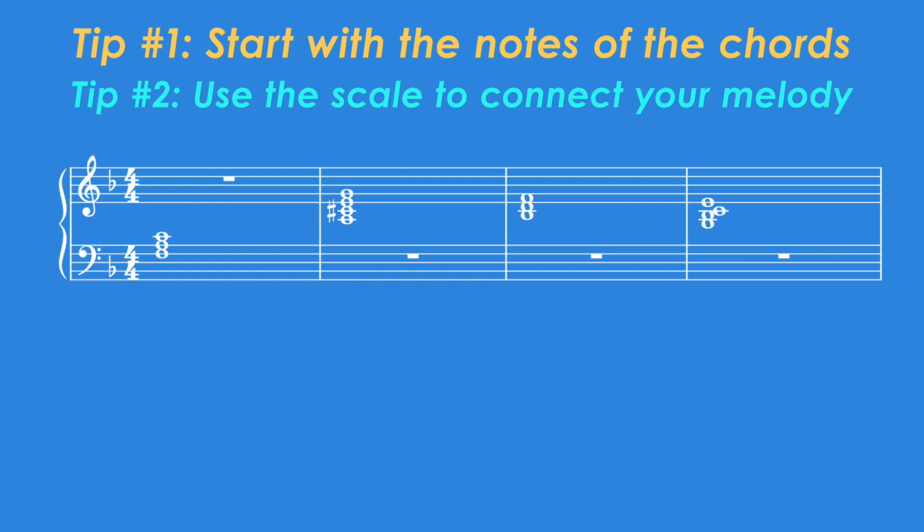So in that whole example right there, it's just the notes of the chords connected by the notes of the scale. There are some times where you want to choose notes outside of the key. So for example, the second chord that we have in this progression has a C sharp. So you can definitely use that in the melody if you wanted to.